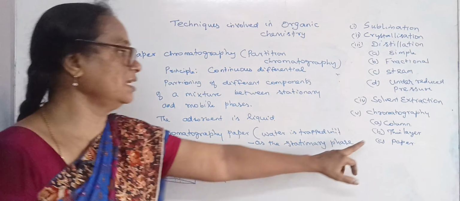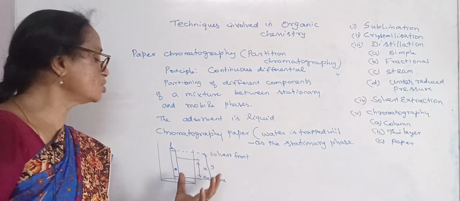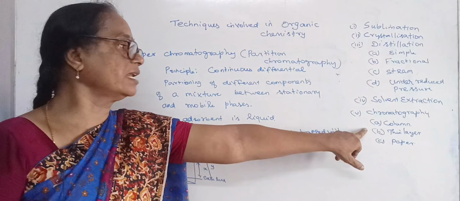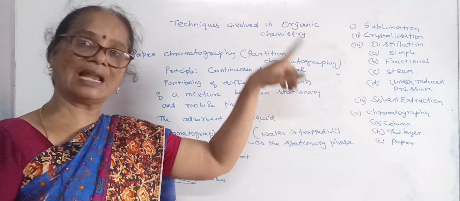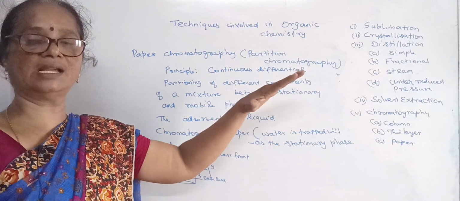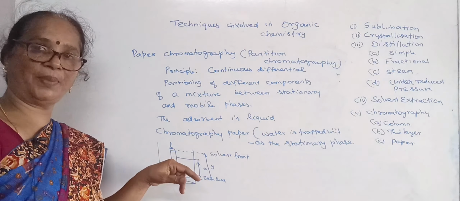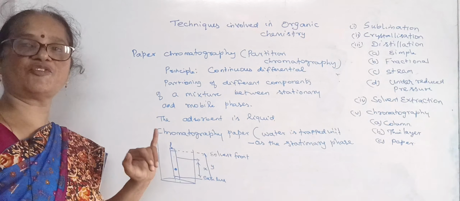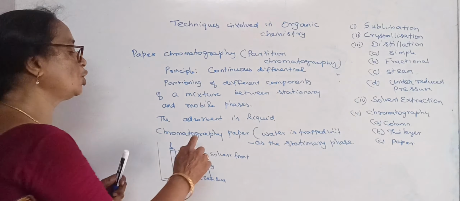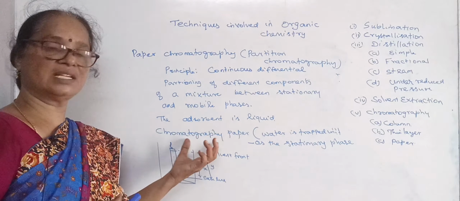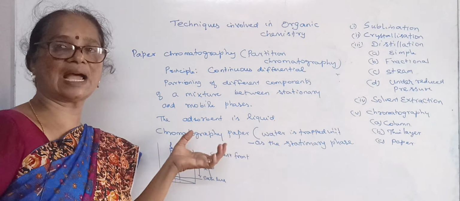So just like thin layer chromatography, here also we are going to take a thin strip of paper. In thin layer chromatography we took the glass over which the solid material is coated. But in this case, we are going to take a special kind of paper called chromatography paper, in which water molecules get trapped.